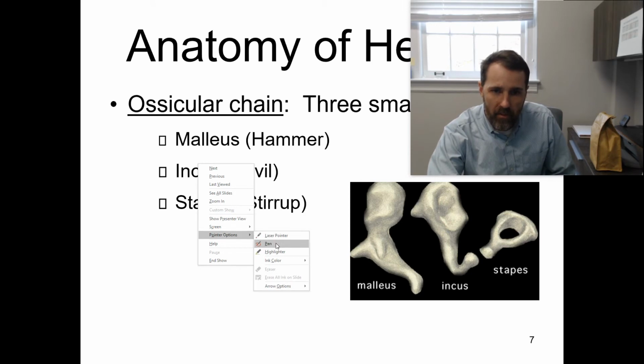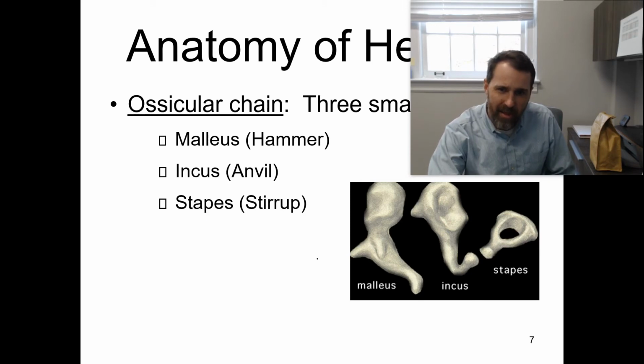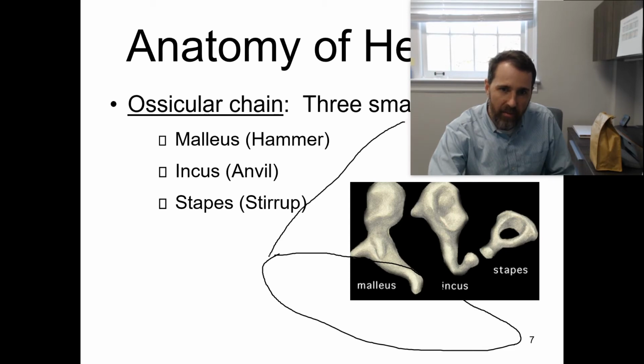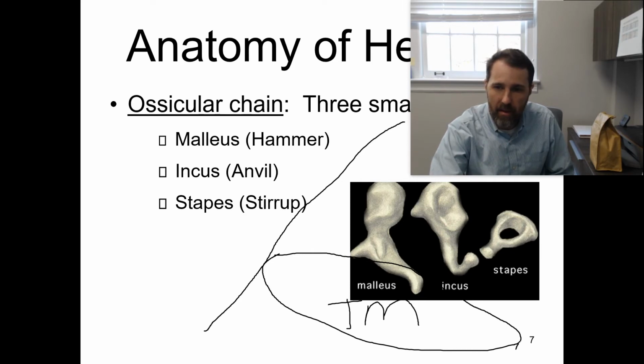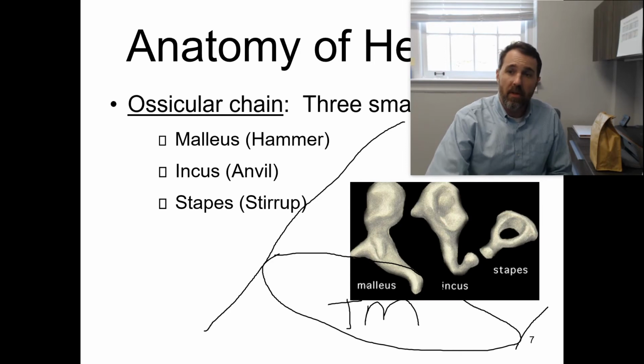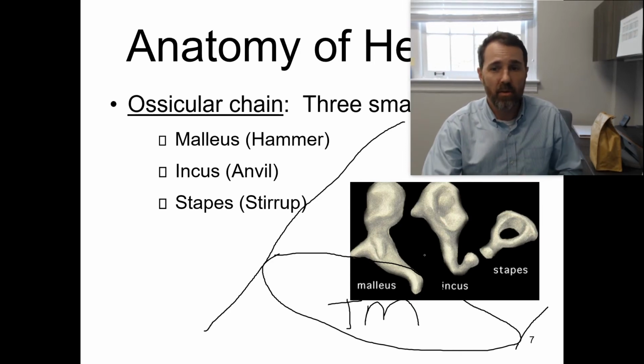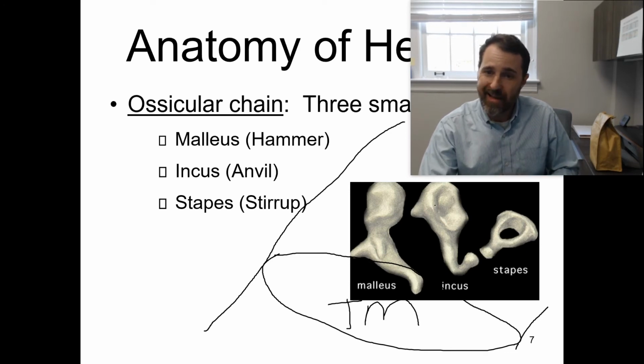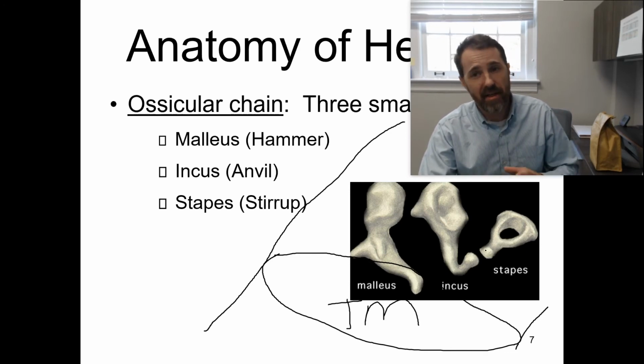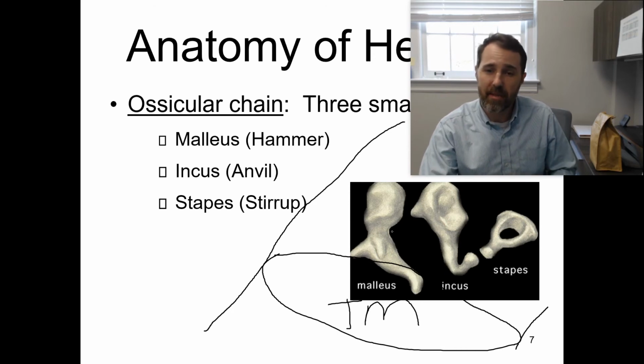So let me draw real quick. So here's the malleus. So the tympanic membrane would be like here, right? So the ear canal would be like this. So tympanic membrane. So behind the malleus, you have the incus, and behind the incus, connected to the incus, you have the stapes.